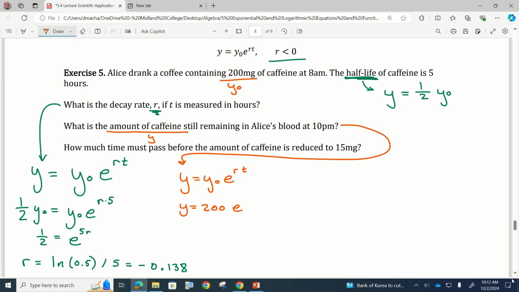Oh, I know r. I just found it in the previous question, negative 0.138. And then t is 14 hours. Yeah. So between 8 a.m. and 10 p.m., 14 hours have passed. And so this is something you can put in your calculator. You type in 200 times e raised to the power, open parentheses, negative 0.138 times 14, close parentheses.